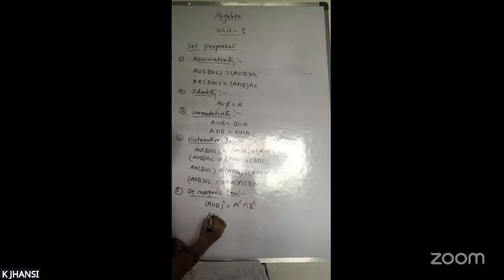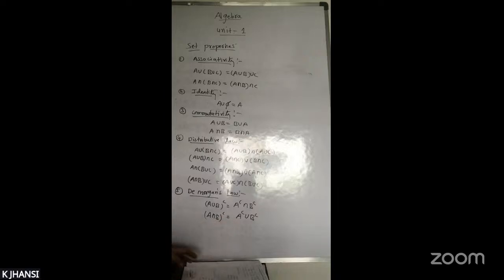Next one, A intersection B whole complement is equal to A complement union B complement. Just the reverse of this one.